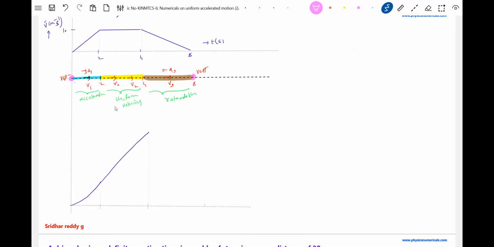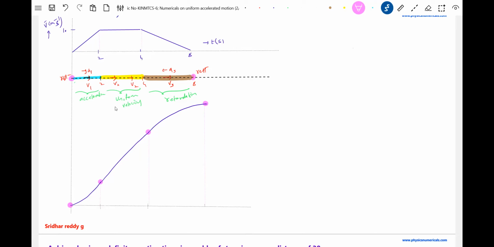Then afterwards, it will undergo retardation. It should be like that. And finally comes to rest. I'll put dots where the change in motion occurs.